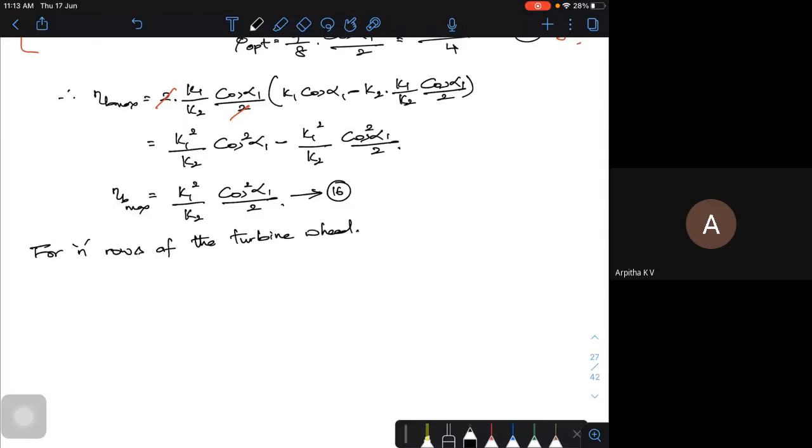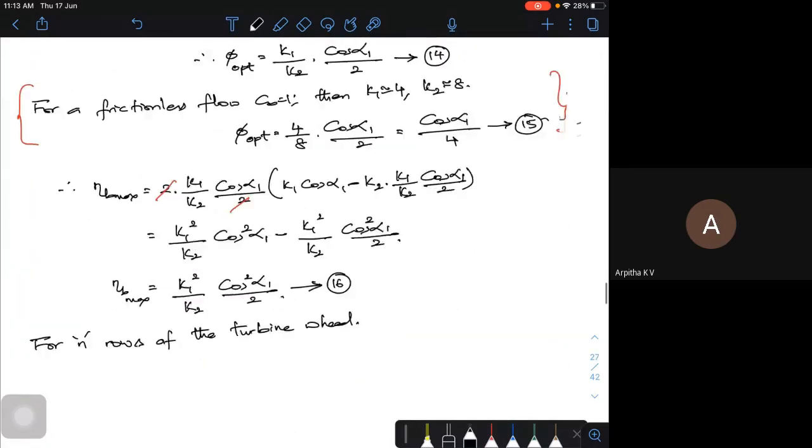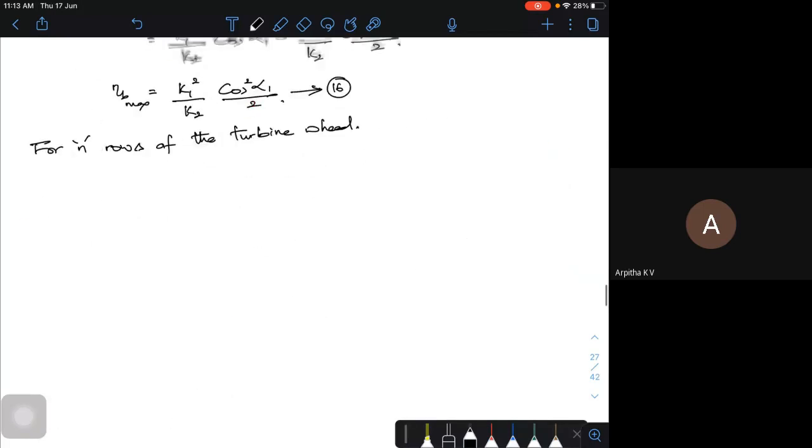If you go back and see here, just for n rows, I can write phi optimum is equal to K1 by K2 into cos alpha 1 by 2n. So that's the general one. This is a very generalized case.